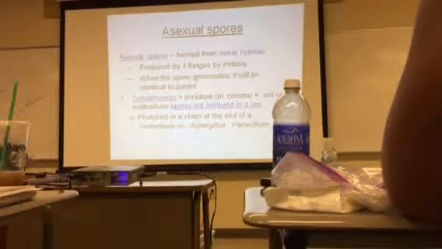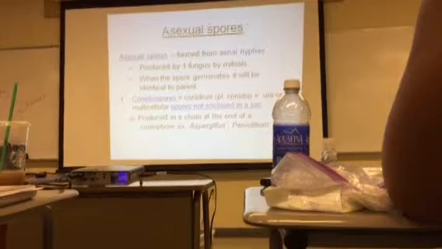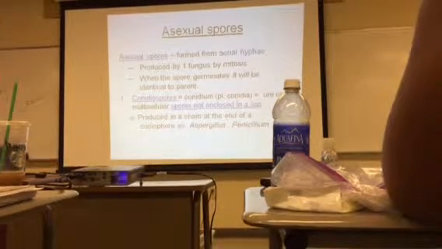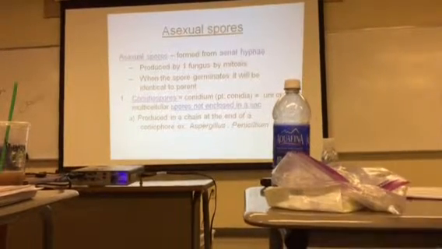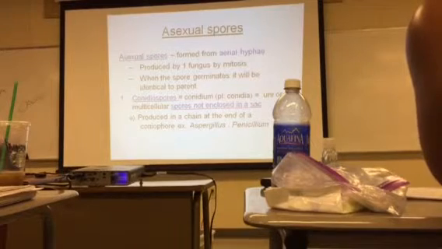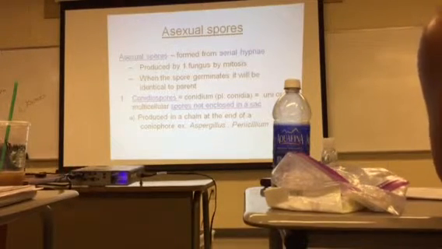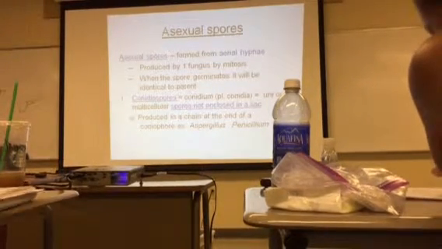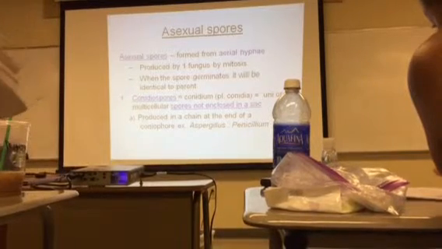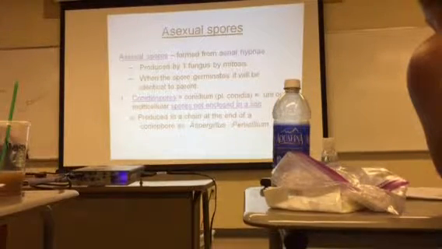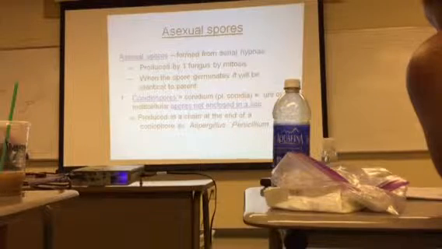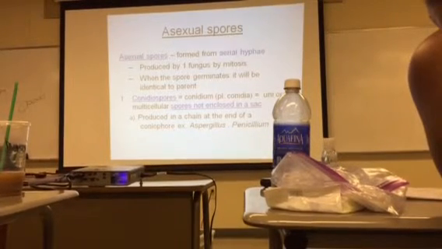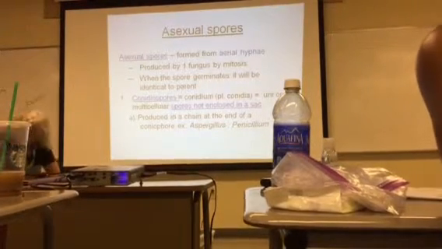A type of asexual spores are conidiospores. You can have uni or multiple spores, and they are not enclosed in a sac. So I drew one of them for you there. And they are produced in a chain at the end of the conidiophore.